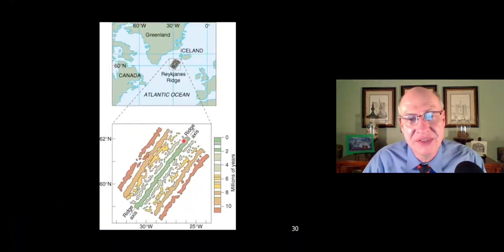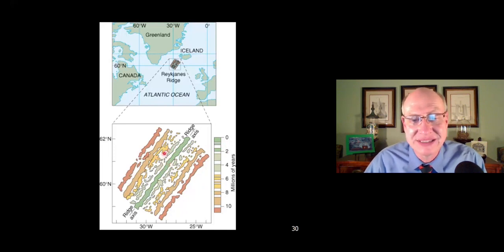This is a plot of a piece of the Mid-Atlantic Ridge just south and west of the country of Iceland. Here is the ridge axis, and rocks that have been sampled from the bottom of the ocean indicate the ages of these different rocks. What we find is that the rocks along the ridge axis are quite young, 2 million years old or less, and as we get further away from the ridge, the rocks get older and older.